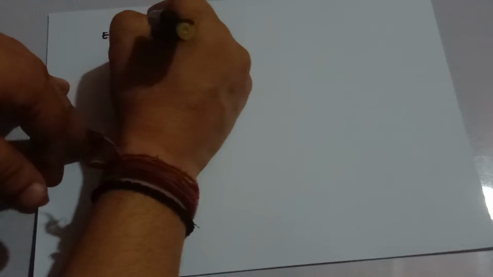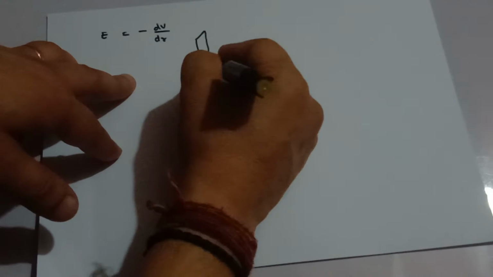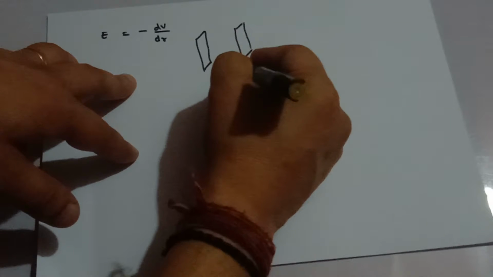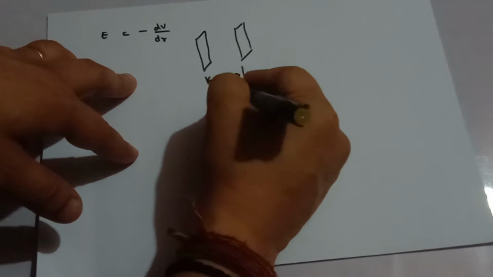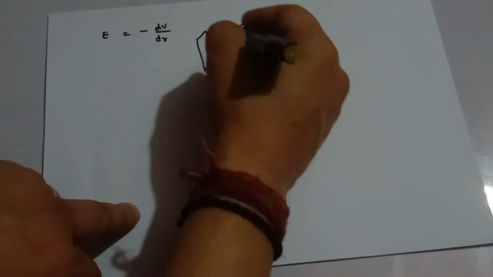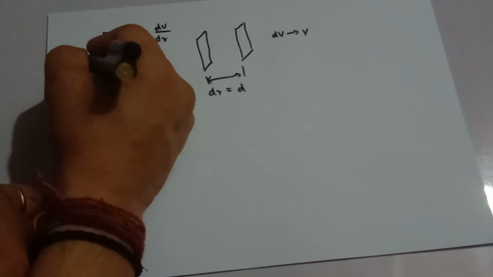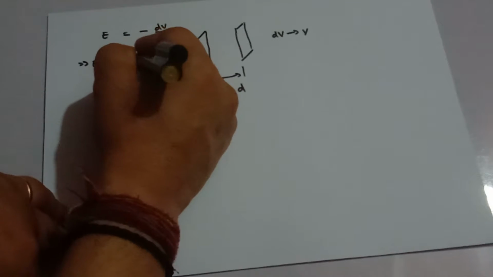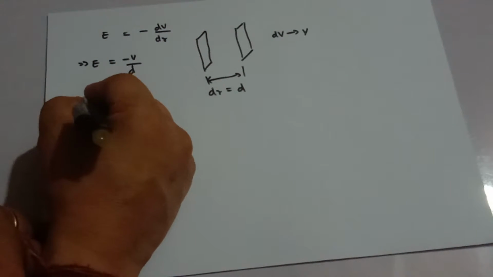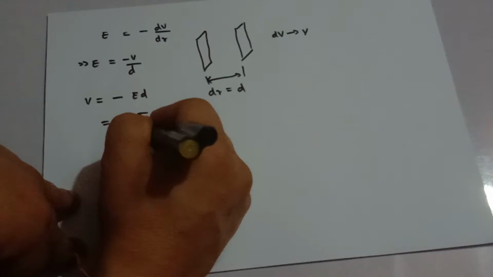We know that the electric field is minus dV upon dr. Suppose these are the two parallel plates and the distance between them, which is dr, is d. And dV, the potential difference between these two plates, is V. So this expression can be written as E equals V upon d, so the potential would be minus E times d, which is minus sigma upon epsilon naught into d.